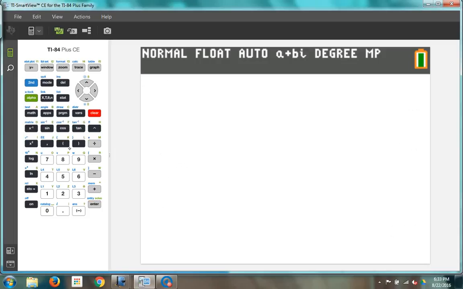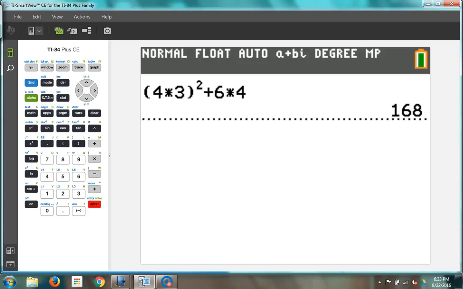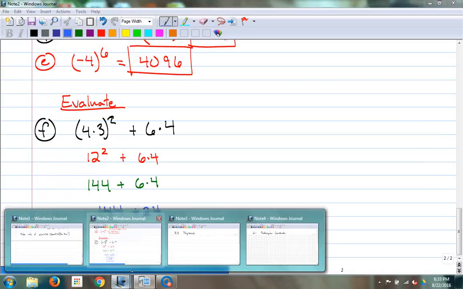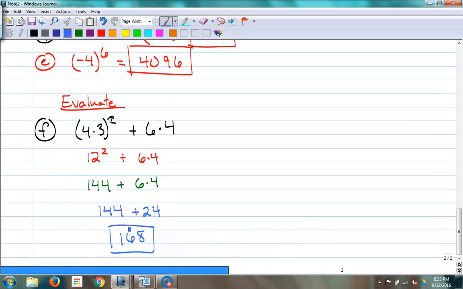So parentheses, 4 times 3, close the parentheses, exponent, raise it to the 2nd power, and then to get out of the exponent, we press the right arrow key, plus 6 times 4. And it follows order of operations to a T. It gets 168. So if you can type it in correctly, you can get an answer out of it. So be careful how you type those in.